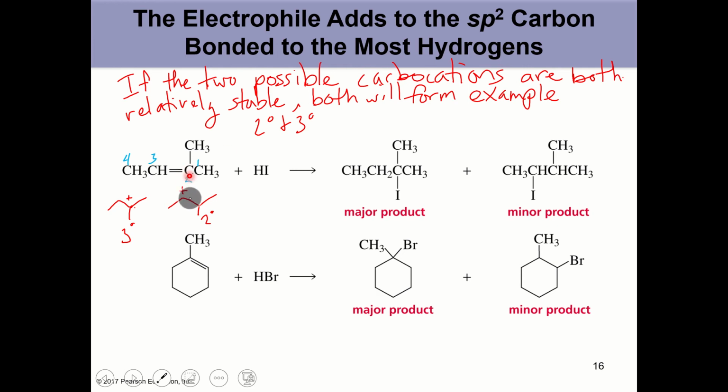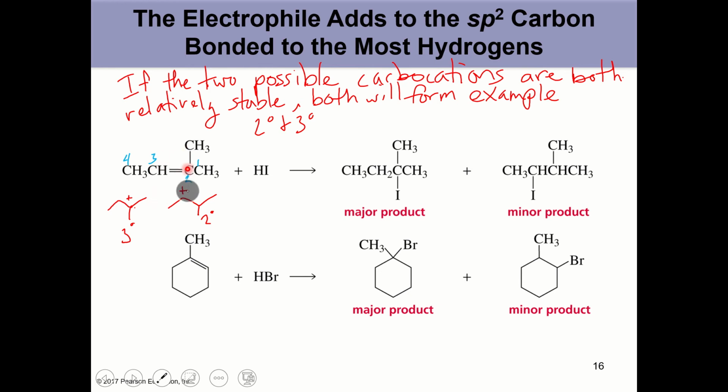If carbon 2 is the more substituted carbon, and so carbon 2 will form the most stable carbocation by adding, because the electrophile hydrogen will add to carbon 3 and the halide will add to carbon 2. The hydrogen adding to carbon 3, the carbon with more bonds to hydrogen, results in this tertiary cation that I've drawn.